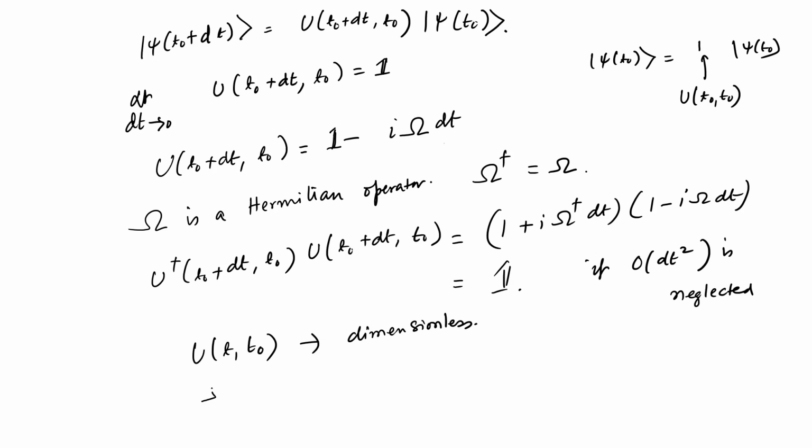When we talk about frequency, at the back of our mind we use E equal to h nu. So omega is like E over h cross, and in operator notation this should be the Hamiltonian divided by h cross.